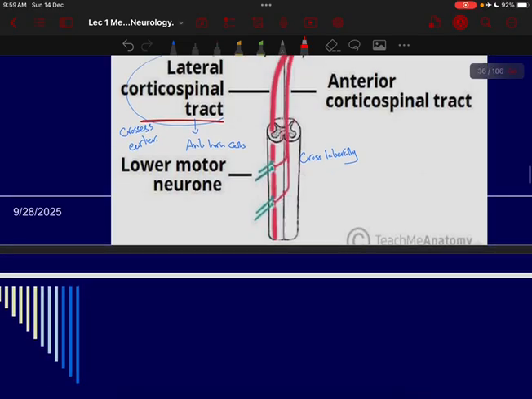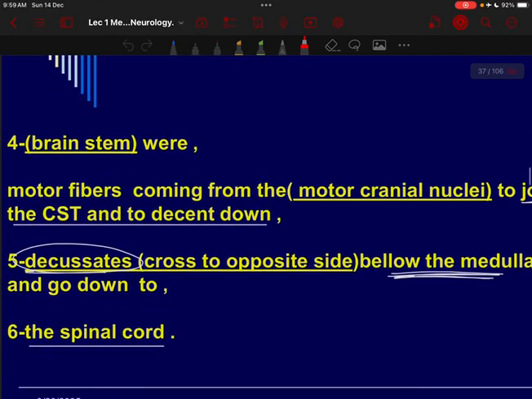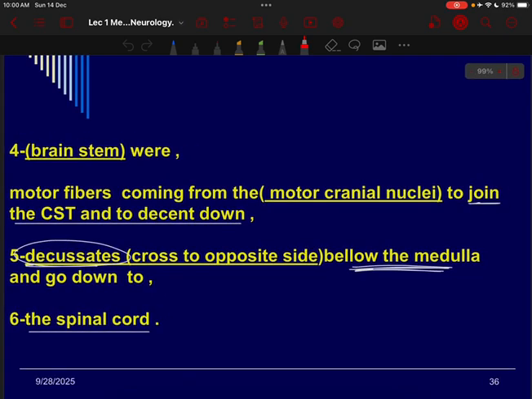Okay. The brainstem is the part below the cerebral cortex, and in that area the motor fibers coming from the cerebral cortex or from the motor cranial nuclei join the corticospinal tract and descend down. What do we mean? The corticospinal tract descends from the cerebral cortex to the brainstem.